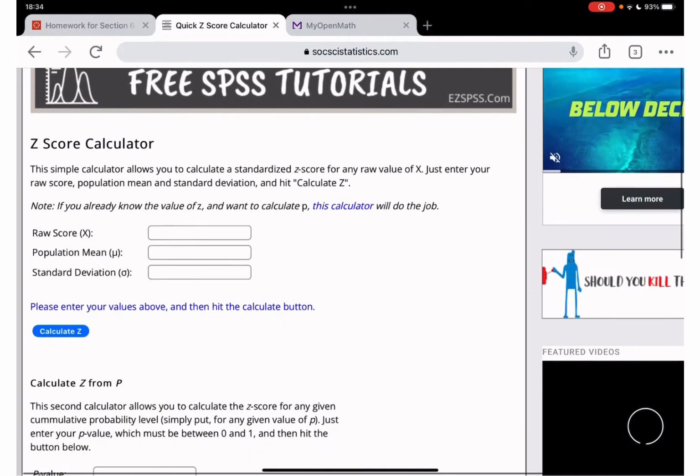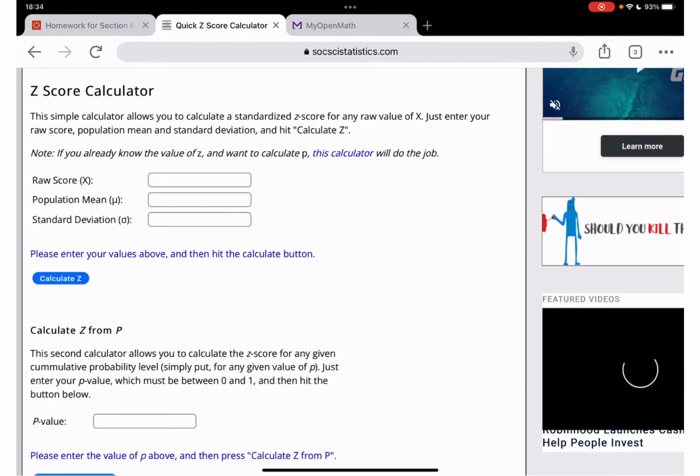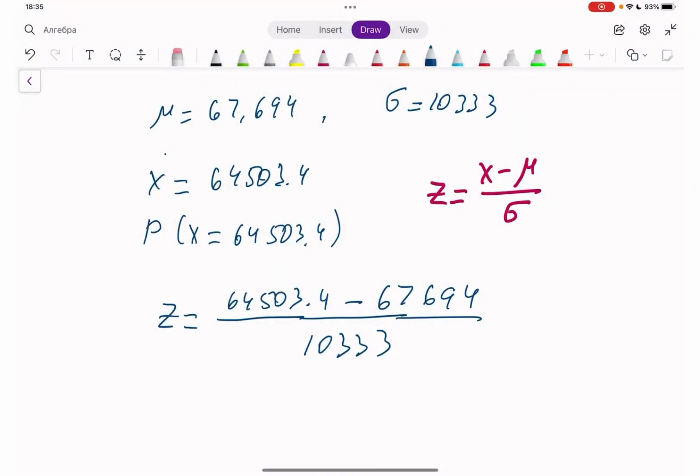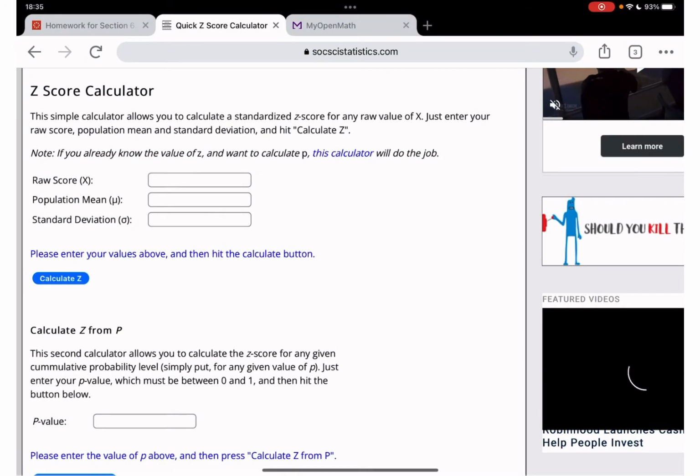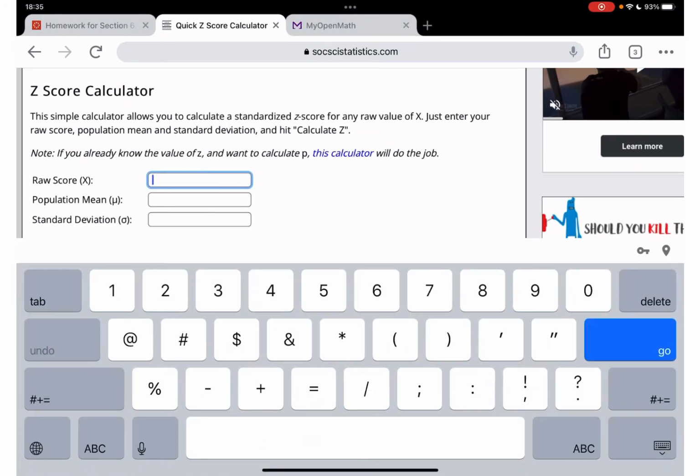Here is the z-score calculator. I'm going to place the link to this calculator under the video, okay? So first let's find our z-score. X was how much? Our X is 64,503.4.